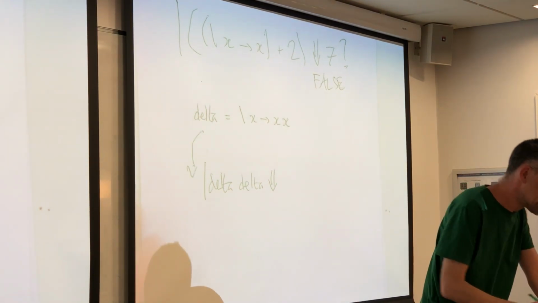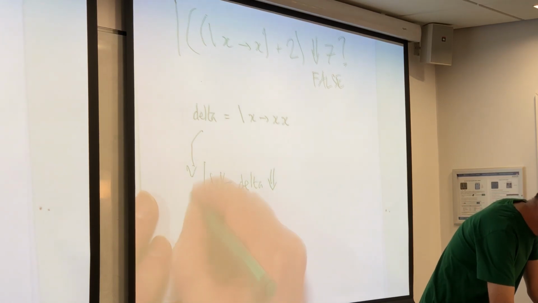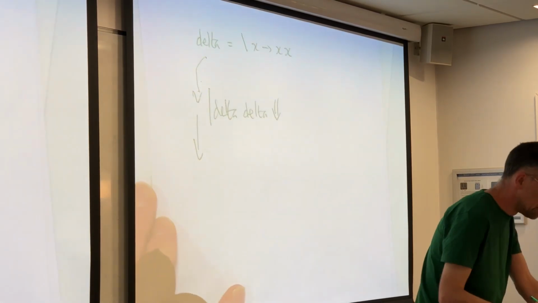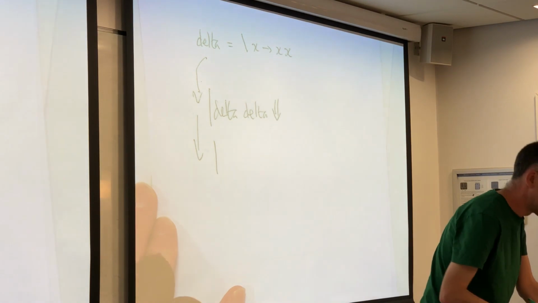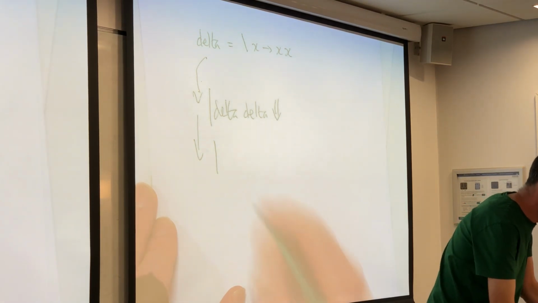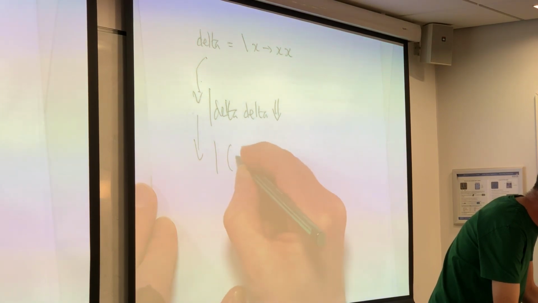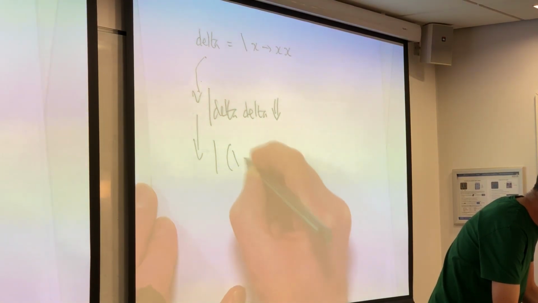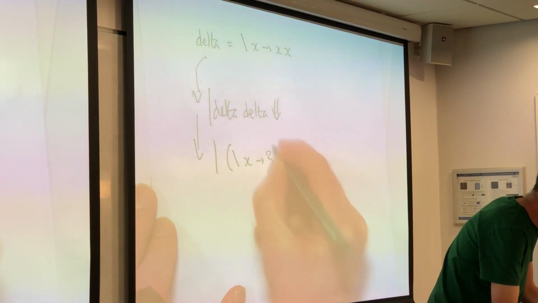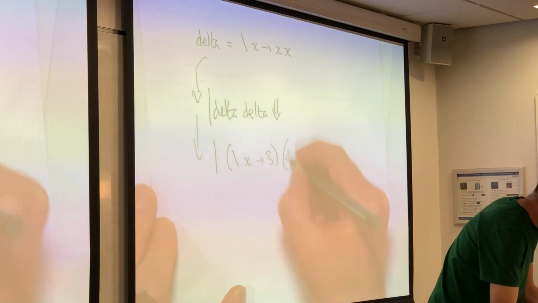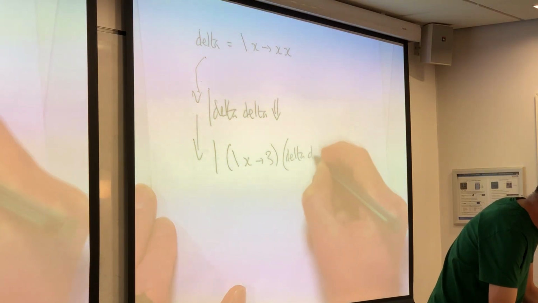Here's a slightly more subtle question. Let's again have delta in the environment. What would happen if I evaluated lambda x arrow 3 applied to delta delta?